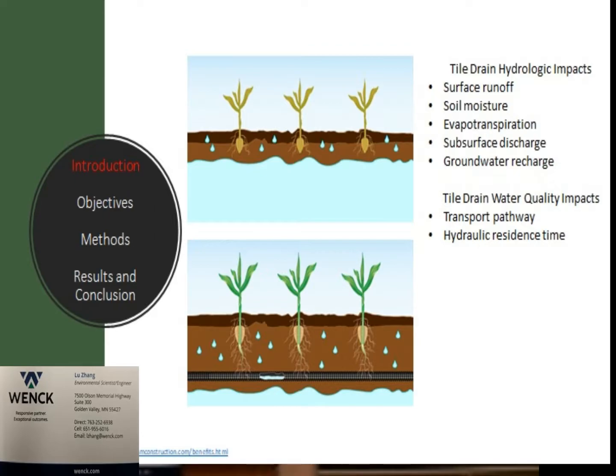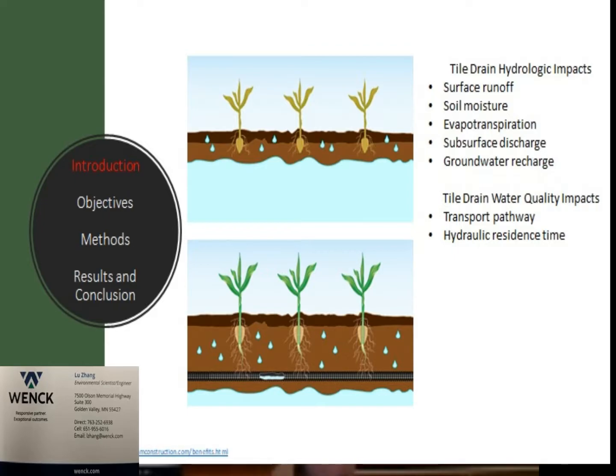The picture on the top is a landscape with no tiles. For the purpose of the presentation, I'm going to call it undrained, which is not as appropriate, but we'll just call it undrained field versus drained field. By installing tiles, we lower the water table in the field and allow more infiltration.